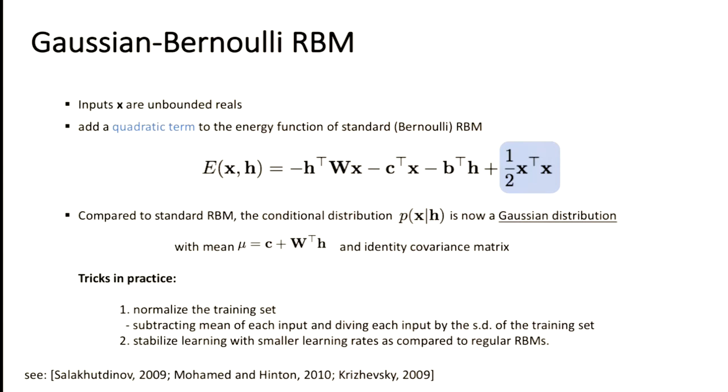And the second thing is that you typically use a much slower learning rate as compared to what you would have used with the classical restricted Boltzmann machine, which allows your learning to be more stable. So there's no real theoretical background behind this, mostly heuristic formulations to make your learning much better. Both of these tricks have been extensively tried out in many different papers, notably from Cho and others in 2009.